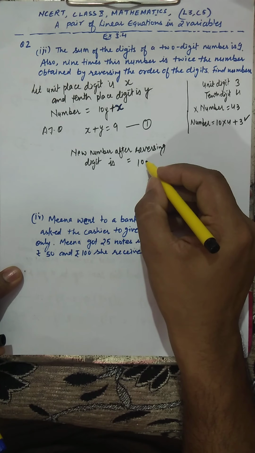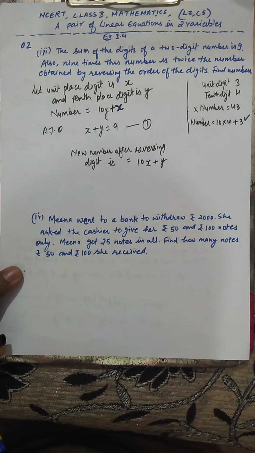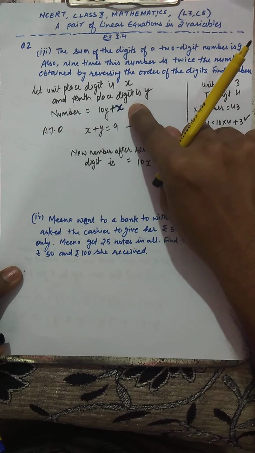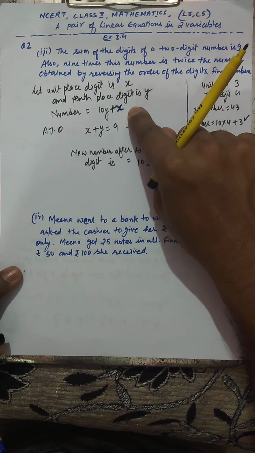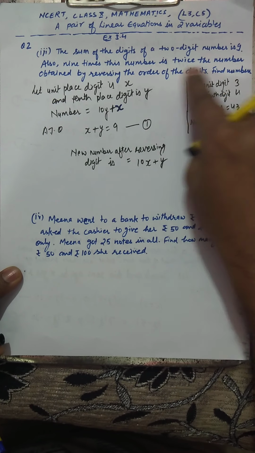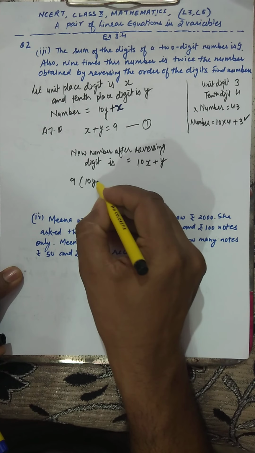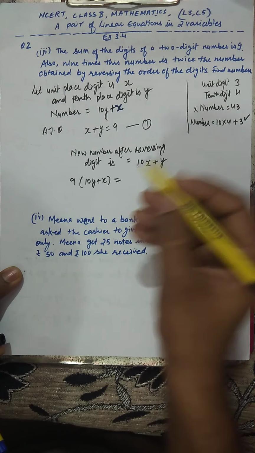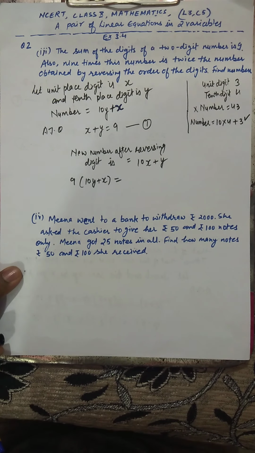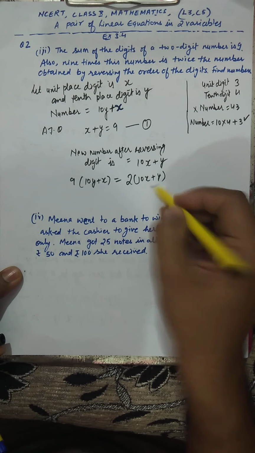So the new number will be 10x plus y. Now 9 times this number, meaning the old number, is twice the number obtained by reversing the order of the digits. So 9 times 10y plus x is equal to twice 10x plus y.